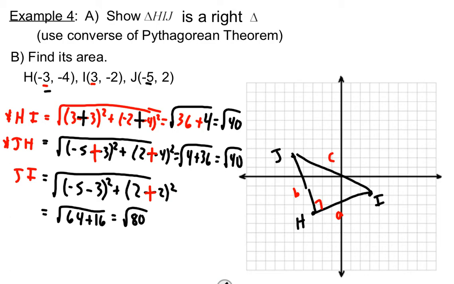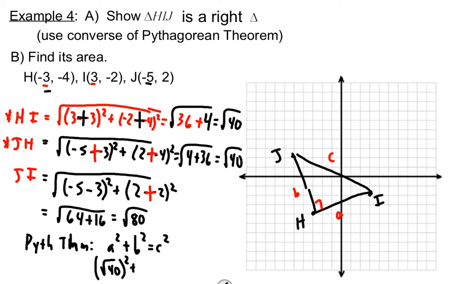Now, let's use the Pythagorean theorem. Pythagorean theorem says what? A squared plus B squared equals C squared. So we can put our values in there. Our HI there is the square root of 40 squared plus, we've got JH there, and that is our B there, so that is square root of 40.